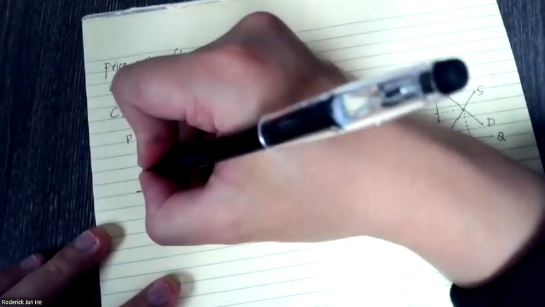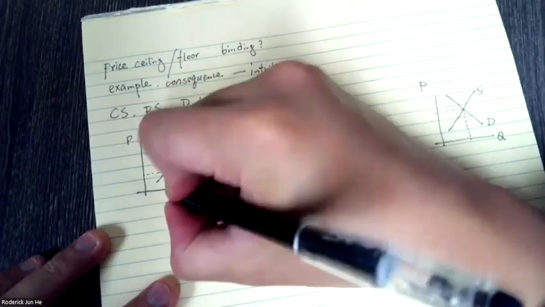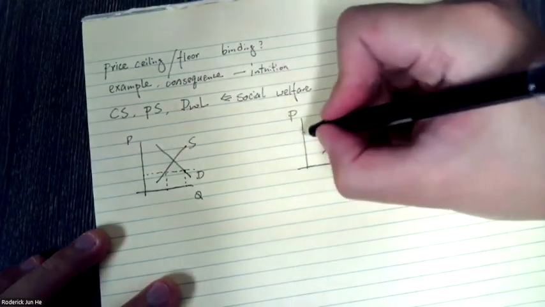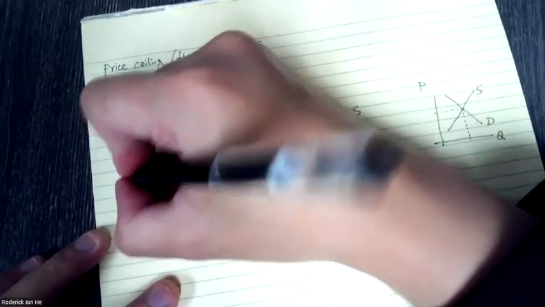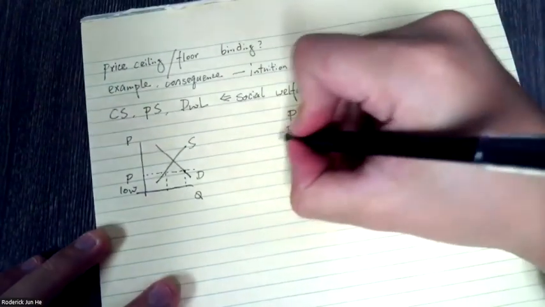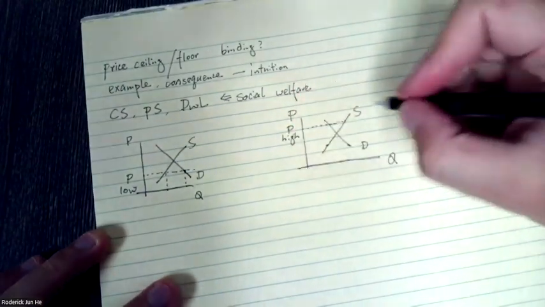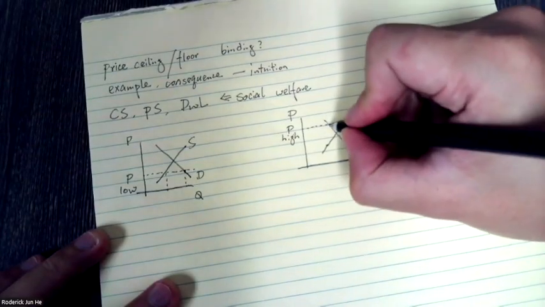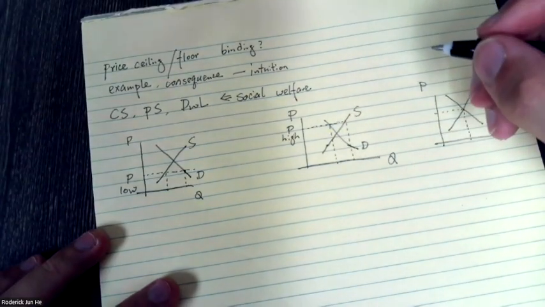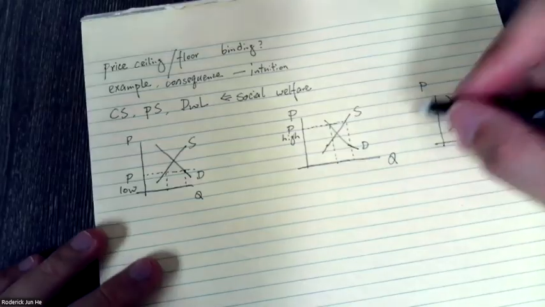But if we have too low a price or too high a price, price too low, price too high, what's going to happen? Well, there's going to be a mismatch of the market, right?